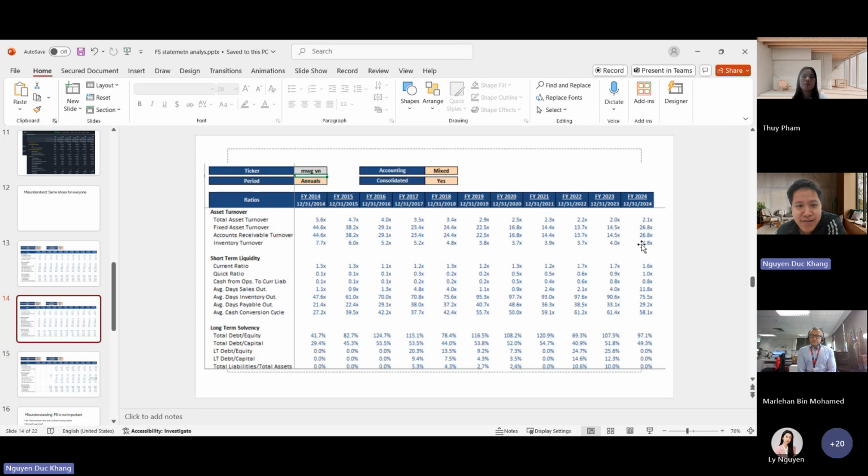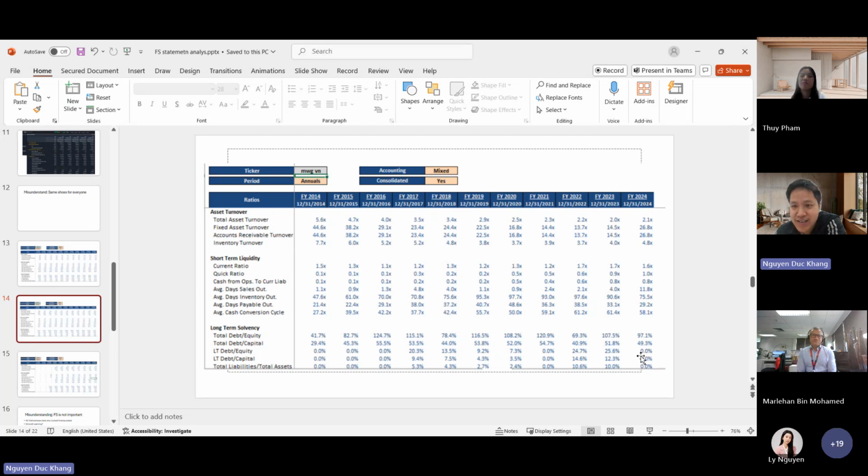If I were the owner, I would want to use short-term debt. But why doesn't Mobile World use long-term debt? Because of course short-term debt is cheaper than long-term debt.